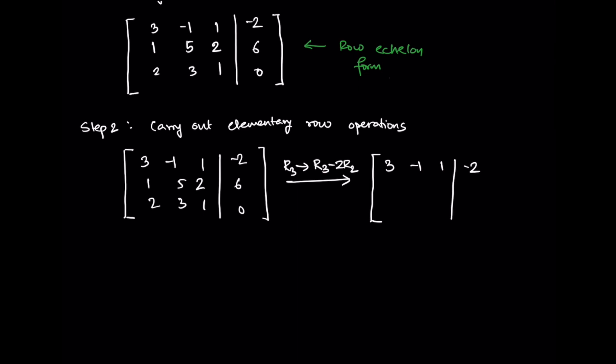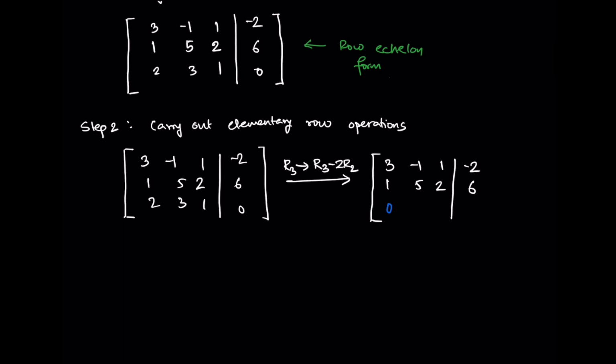This is our first row. Our second row stays the same. In the third row, it is R3 minus 2R2. That is, it will be 2 minus 2 times the x coefficient of the second row. It will give a 0 here. We have already got our first 0.